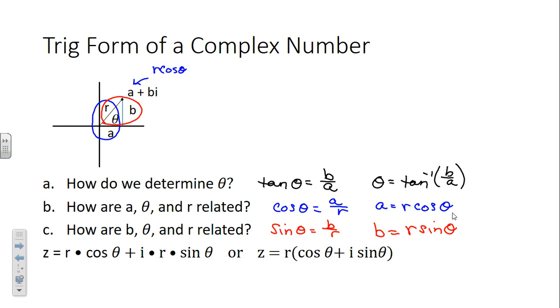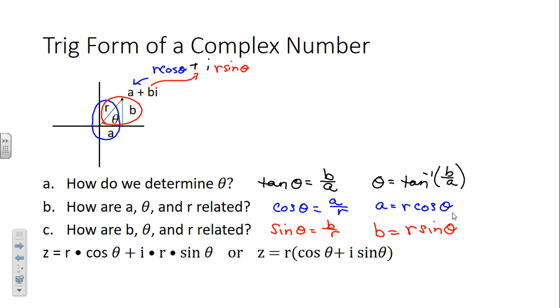My b stands for r sine theta. And I need an i here, don't I? And a lot of times we like to put the i in front.